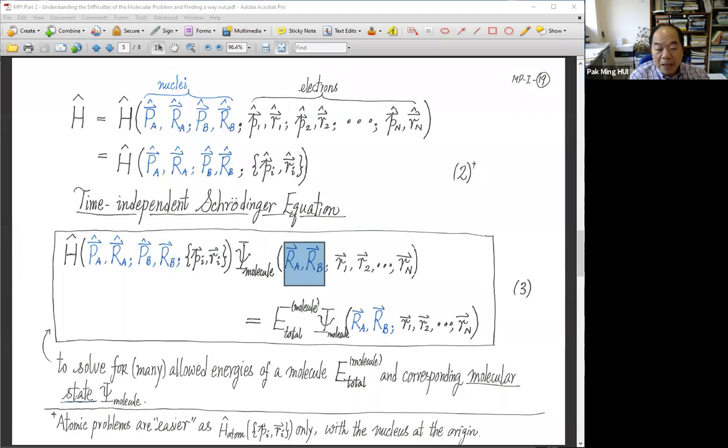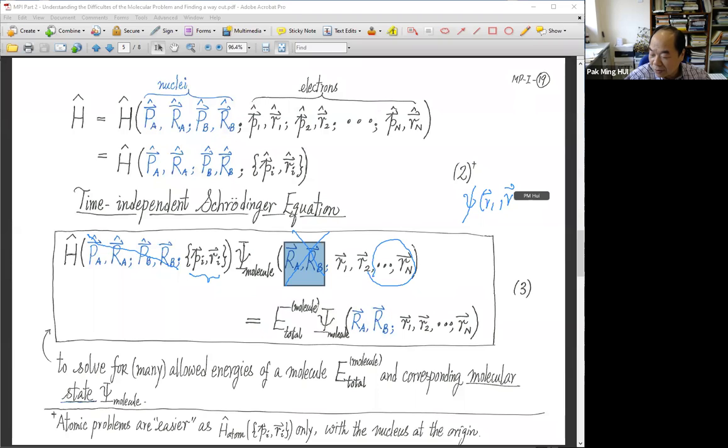In contrast, for the helium atom, we don't have this. We only have the two electrons' kinetic energy and the coordinates. We only have psi helium atom, r1, r2.